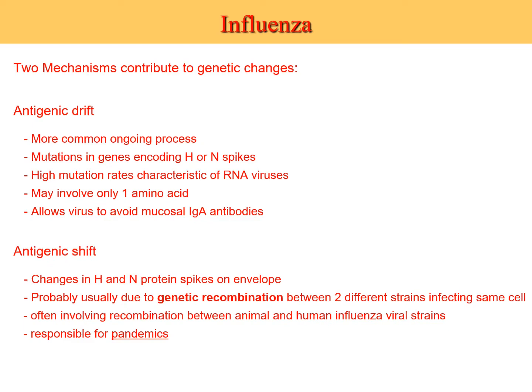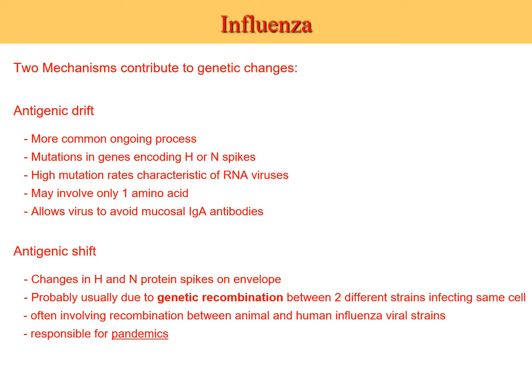One is called antigenic drift, and is the more common ongoing process in which mutations are occurring in the genes coding for the hemagglutinin and neuraminidase protein spikes on the surface envelope. High mutation rates, or higher than average mutation rates, are in fact characteristic of RNA viruses.